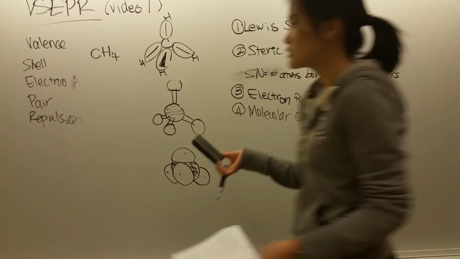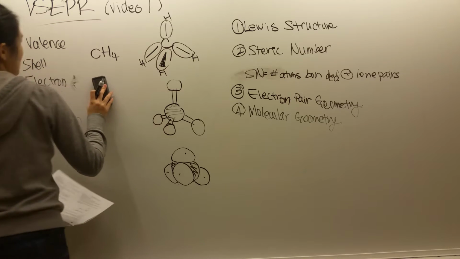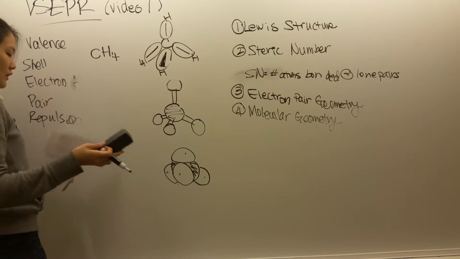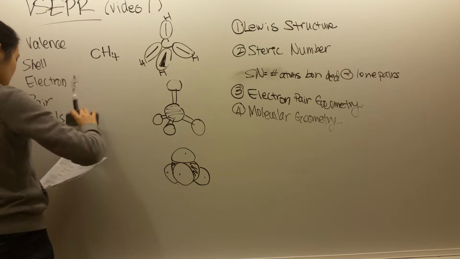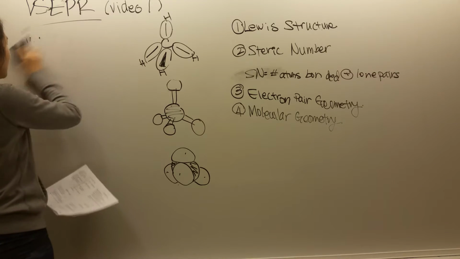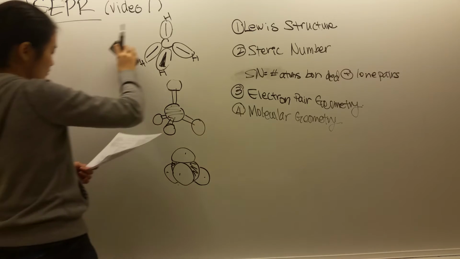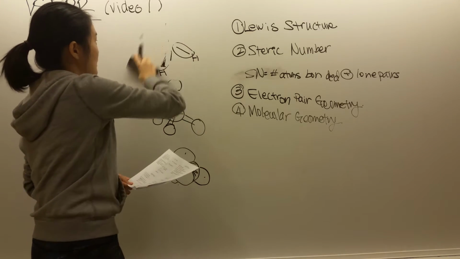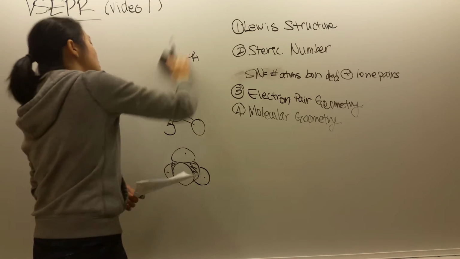Lone pairs have more repulsive force than just bonds. Okay, so I'm going to move on to the next slide, and I'm going to start showing you exactly what each step does.